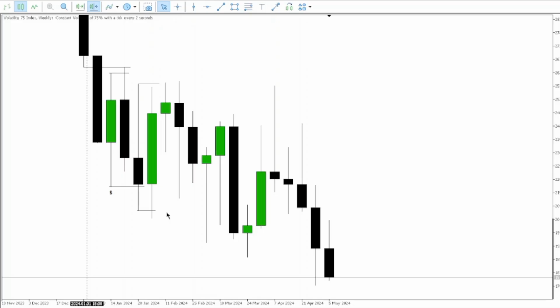Now it's much easier for me because I use the weekly power of 3, that is the H4 time frame. So it's easier for me to tell because I have some more information on the H4 time frame as opposed to just looking at the weekly candlesticks.